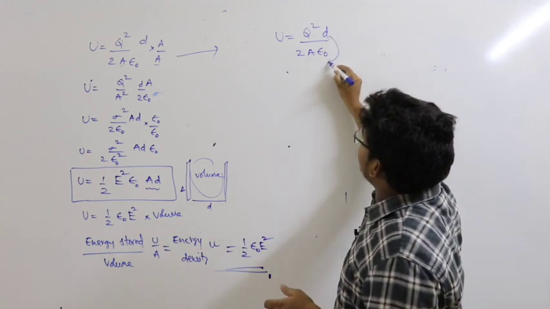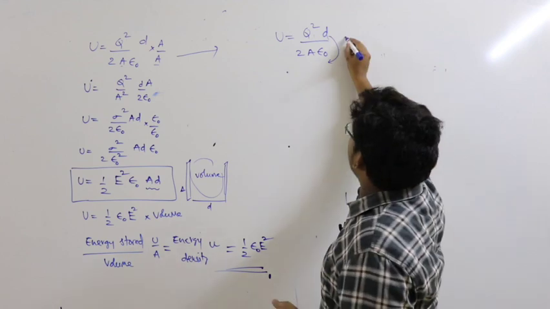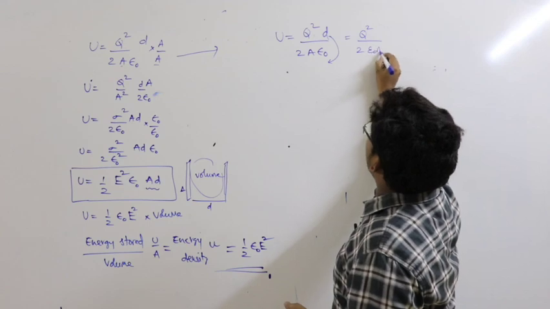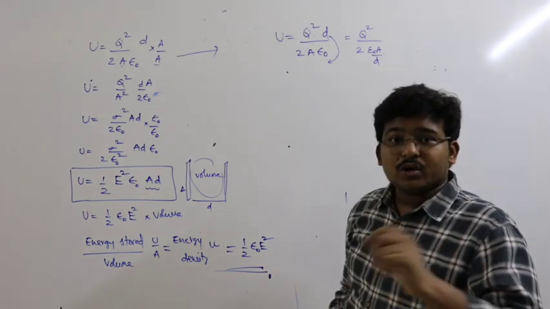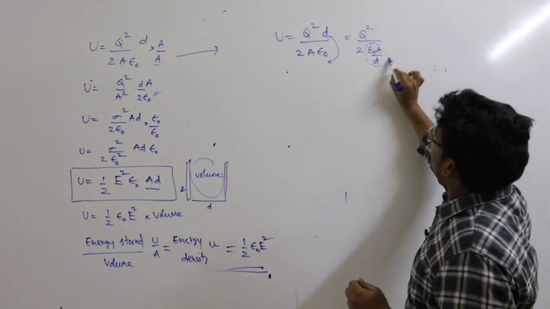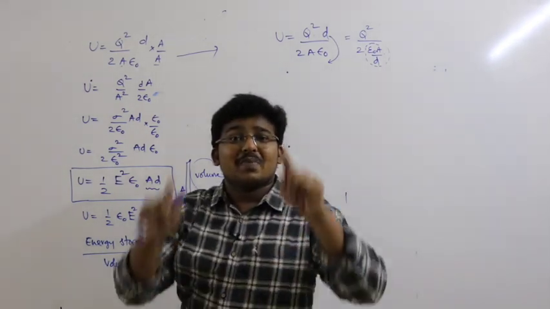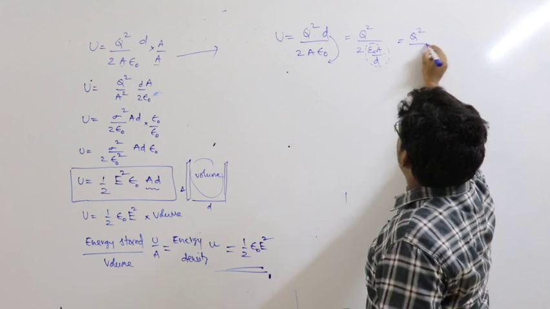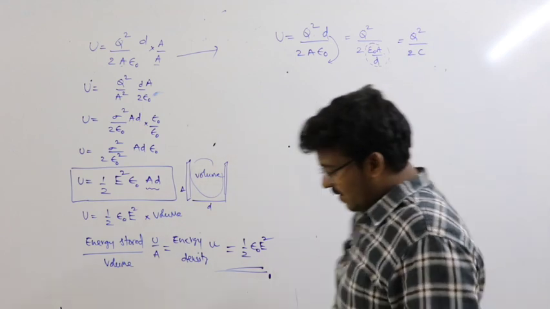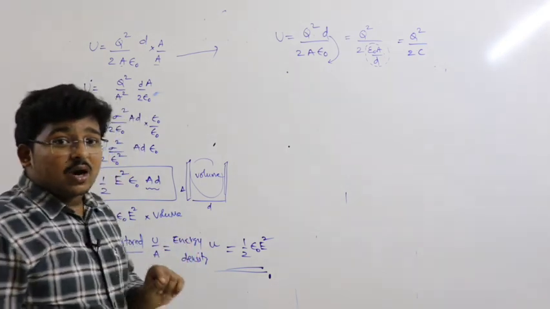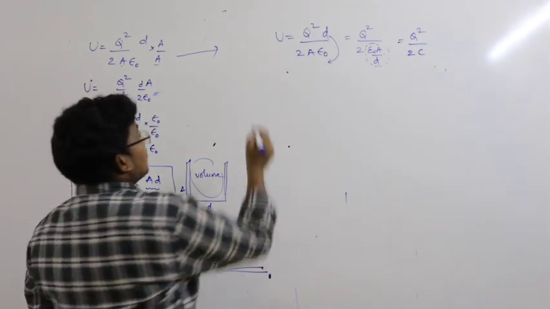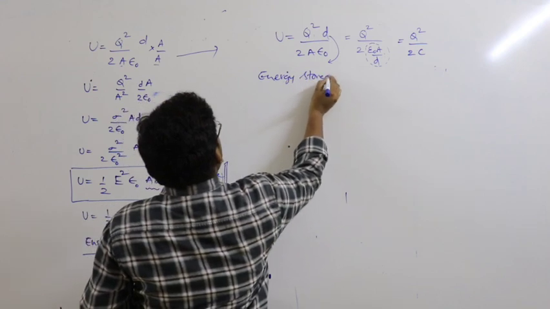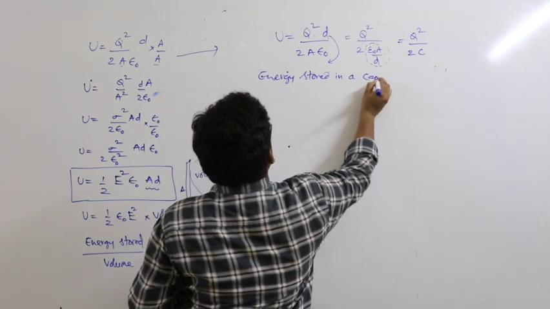I will take this D down, so that it will be Q square by 2 epsilon naught A upon D. Don't you know that epsilon naught A upon D is the formula for capacitance of a parallel plate capacitor? So that is why Q square upon 2 into C. So this is the energy stored in a capacitor.